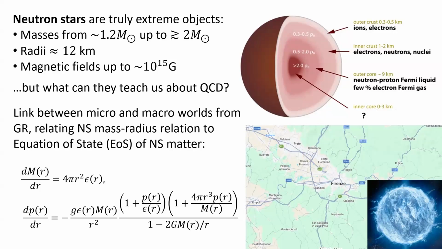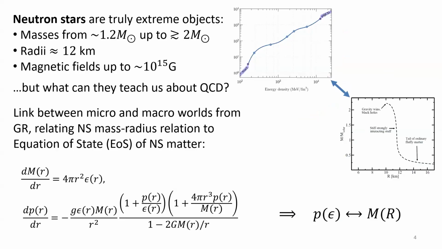So these are two equations for three quantities, and what that means is that these equations relate a microscopic relation, the equation of state of neutron star matter, the relation between the energy density and pressure, to a macroscopic relation, the relation between the possible masses and radii of neutron stars.